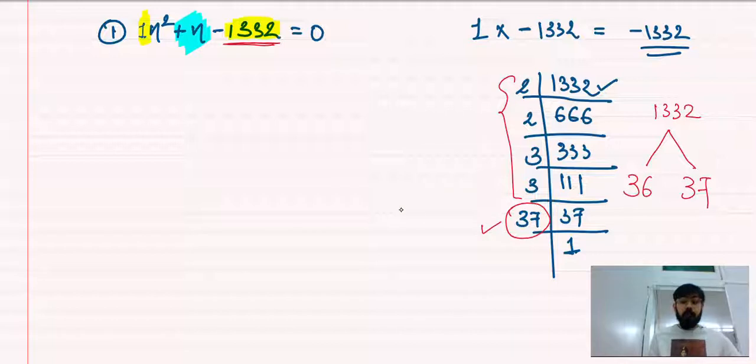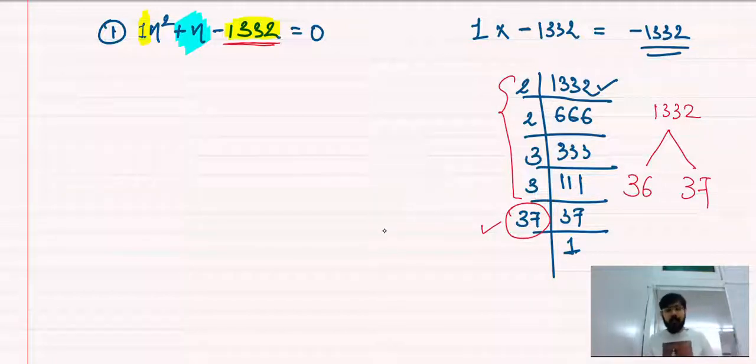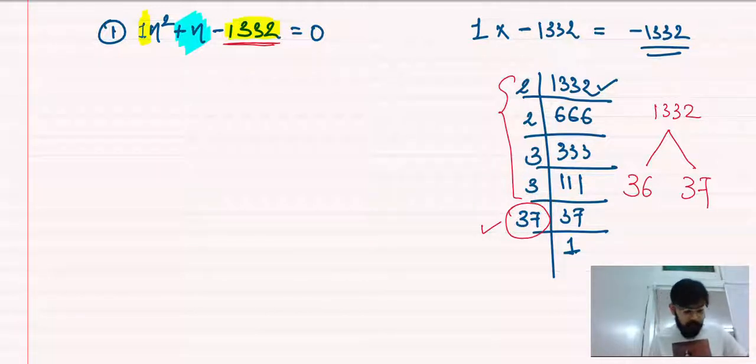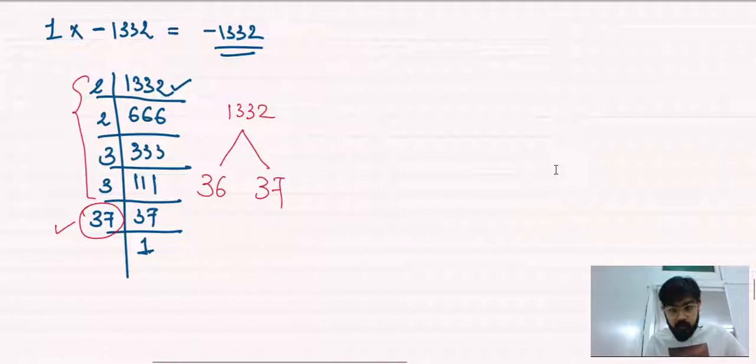But you can't take this so easily. So what you do is, you assign signs to these numbers and then you split the middle term. So that will take some time for you to understand. I'll show you in the next step. So let me just make some space here for myself.